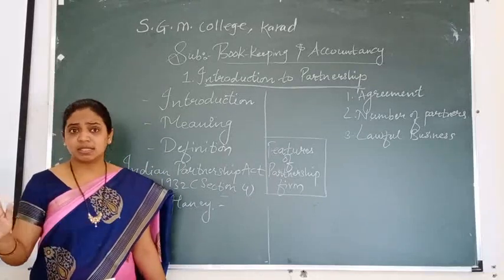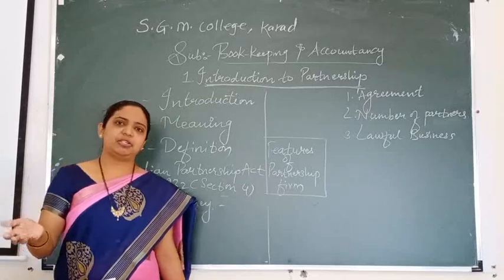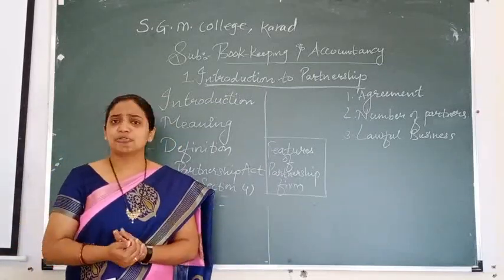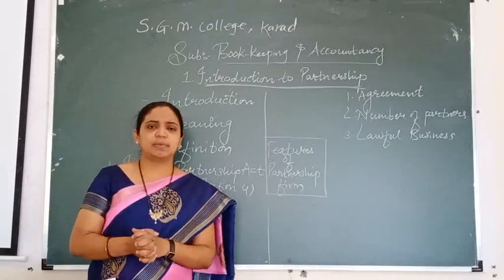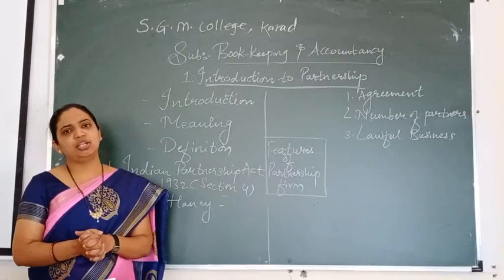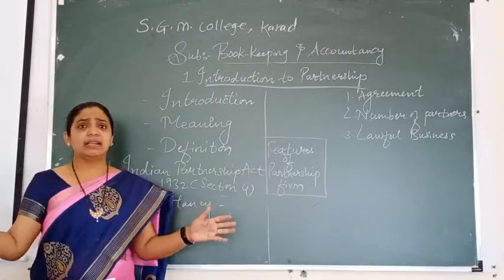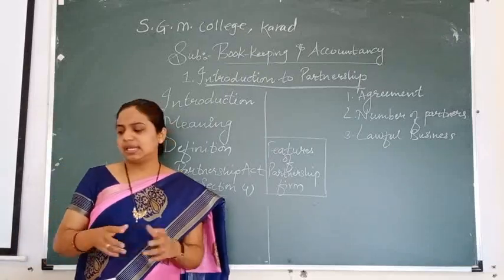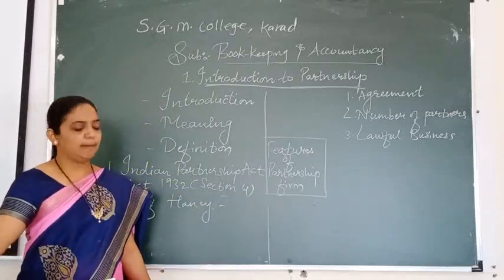No illegal business can be done under the Indian Partnership Act. Illegal means what? Black marketing, smuggling, etc. should not be done. So when a partnership comes in, it should be a lawful business only, not any illegal type of business. That is about the lawful business.